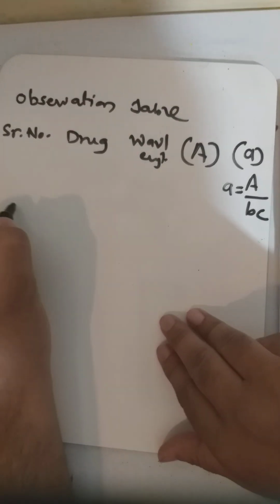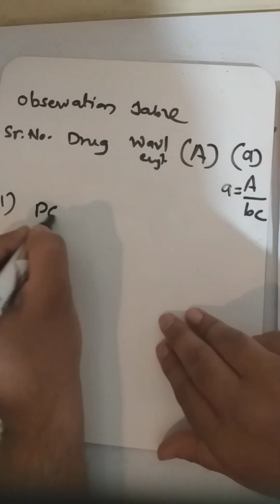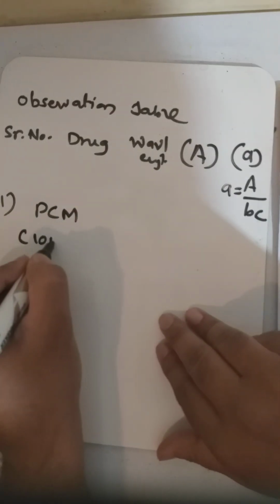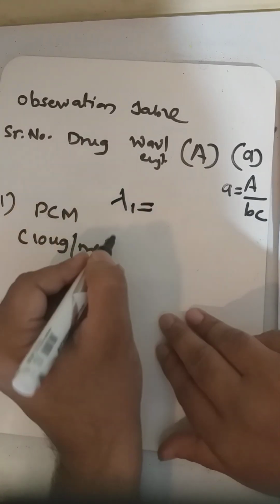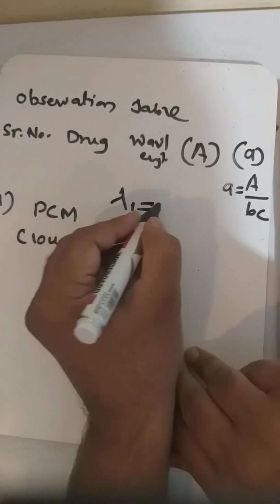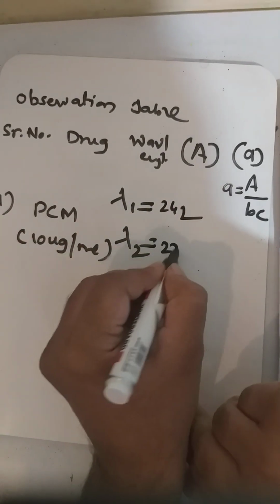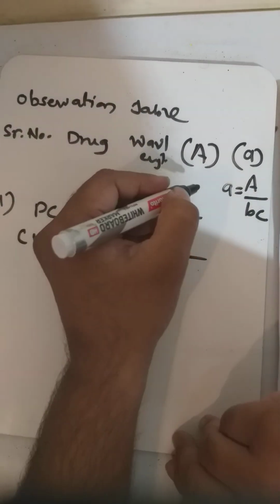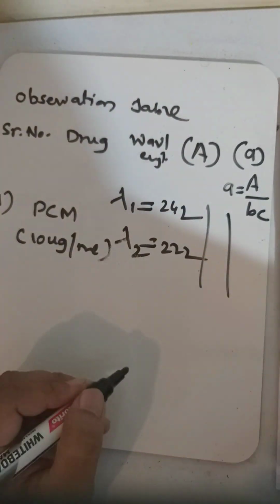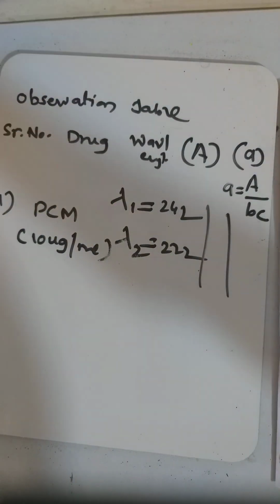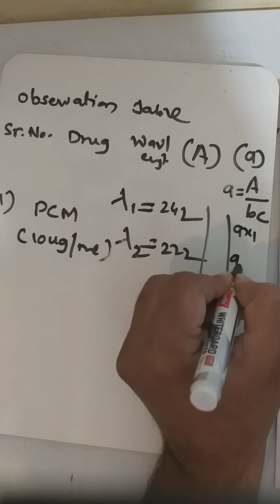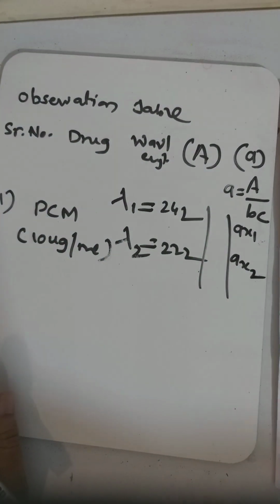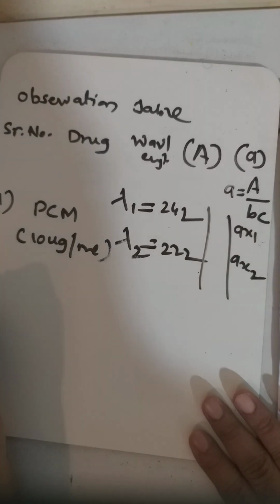So here your drug would be PCM, at 10 microgram per ml. The scanning wavelengths would be 242 and 222. You will find out the absorbances, and thereafter you will find out the AX1 and AX2.